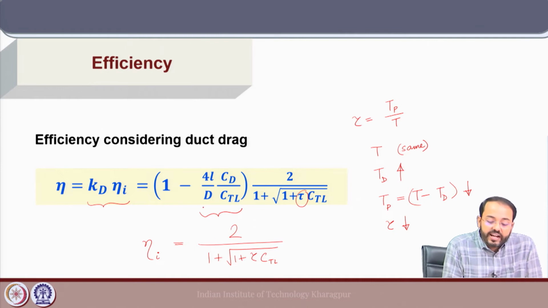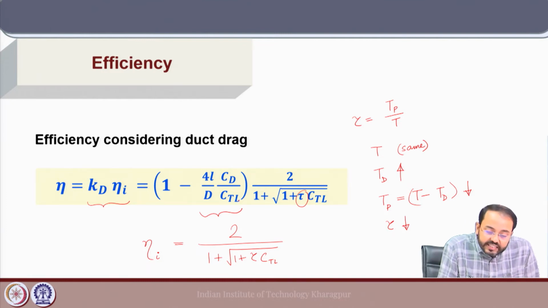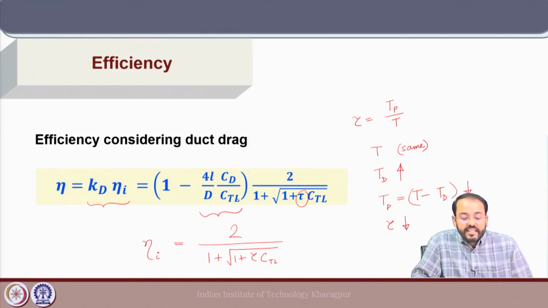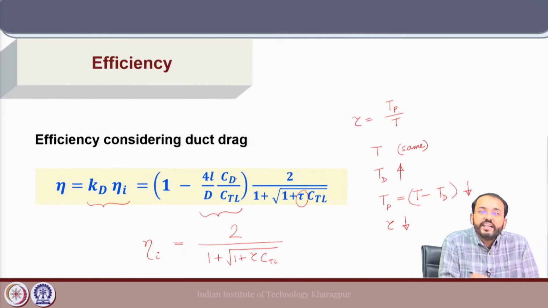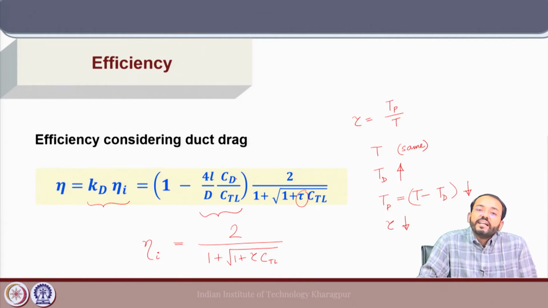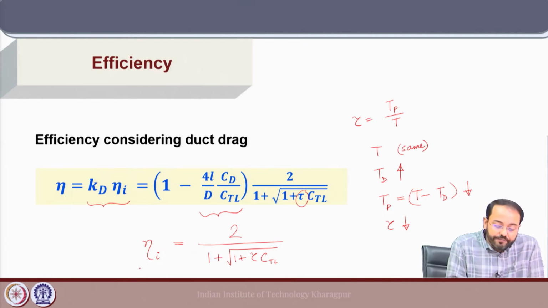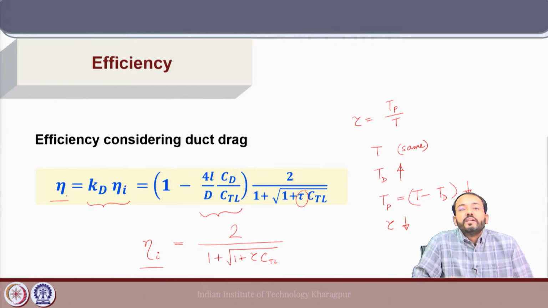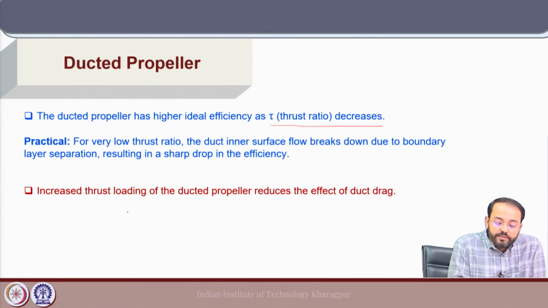Now, the effect of duct drag is coming from this particular expression, and the higher the value of CTL, the lower will be this negative factor minus 4L by D into drag coefficient divided by the thrust loading coefficient. So, higher the value of the thrust loading coefficient, the lower will be the effect of duct drag in reducing the ideal efficiency to this value. So, the effect of Kd will reduce if CTL is high, that is mentioned here.